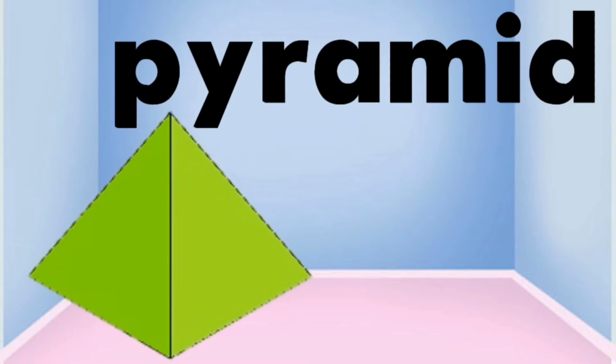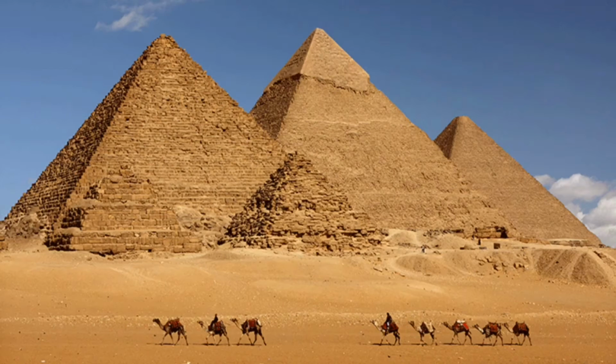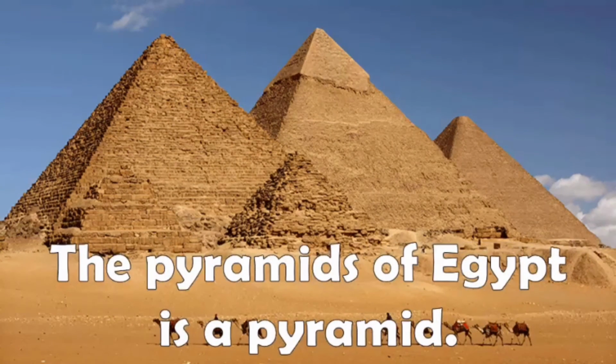Our second 3D shape is a pyramid. Pyramid. P-Y-R-A-M-I-D, pyramid. The base of the pyramid is square and the sides are triangles. Again, the base of the pyramid is square and the sides are triangles. In the pyramids of Egypt, you can see that they have triangle sides and the bottoms of these pyramids are squares.